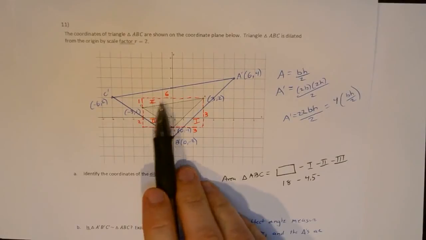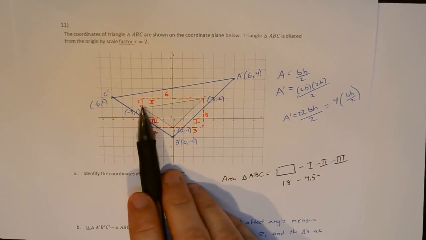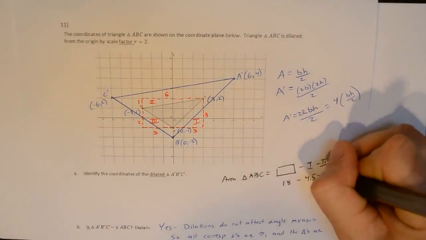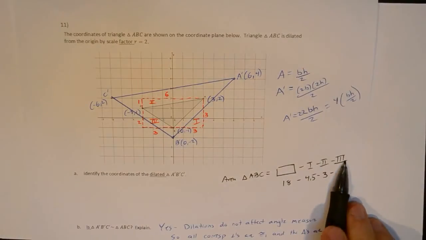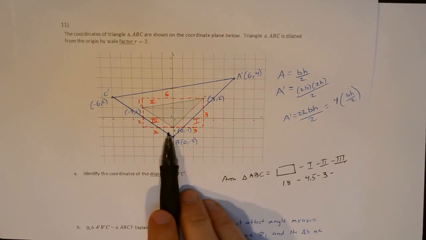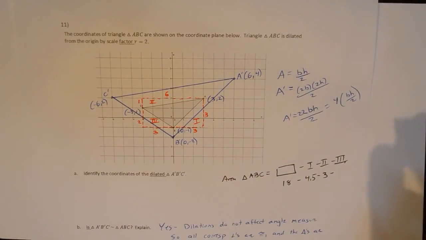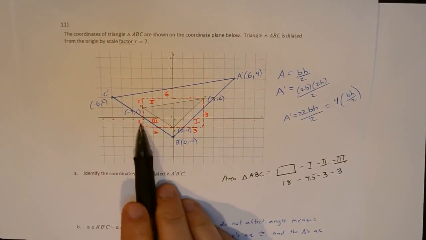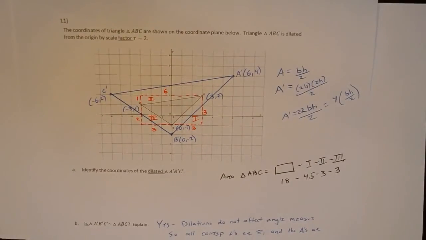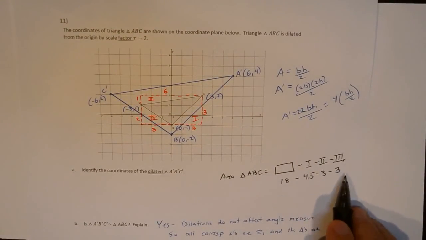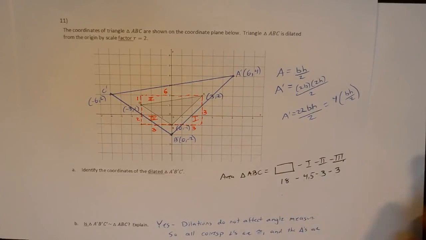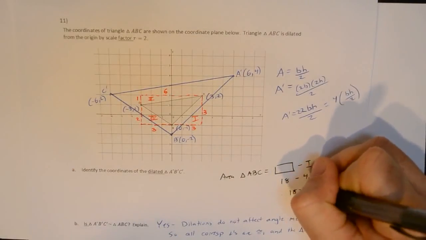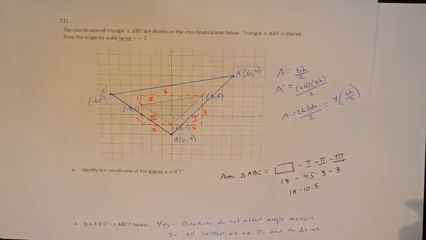Minus triangle 2 is 6 times 1, that's 6, but divided by 2 is 3. Minus area of triangle 3, that's 2 by 3, 6, again divided by 2, that will get us back to 3. Alright, so remember, area of a triangle is 1/2 base times height, that's why I keep dividing by 2. So we have 18 minus 4.5 minus 3 minus 3, well that's 10.5, so this is really 18 minus 10.5, right, which is 7.5.